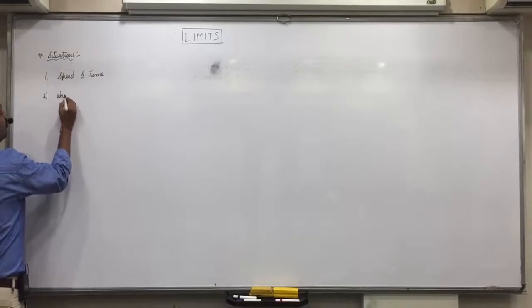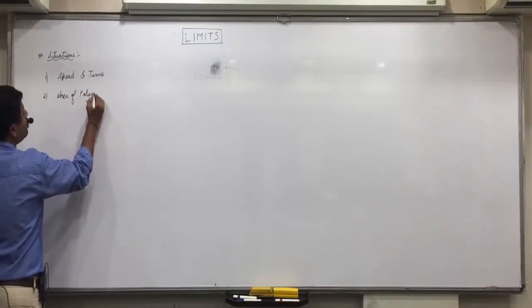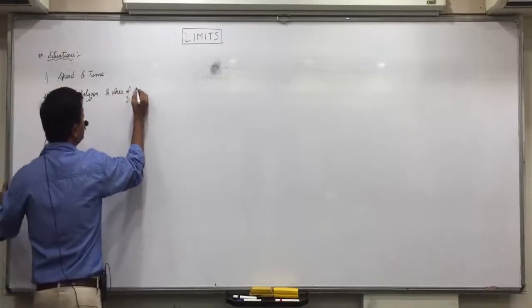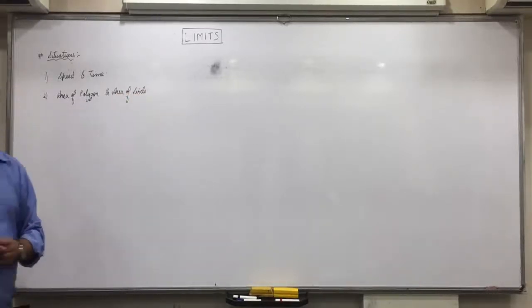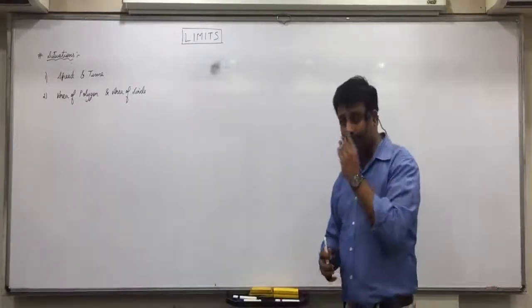Area of polygon and area of circle. What is the formula for the area of a circle? Pi r square.